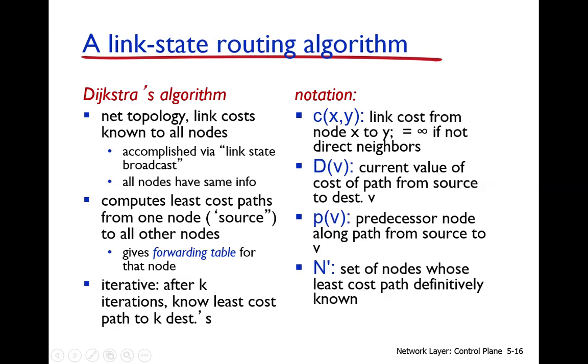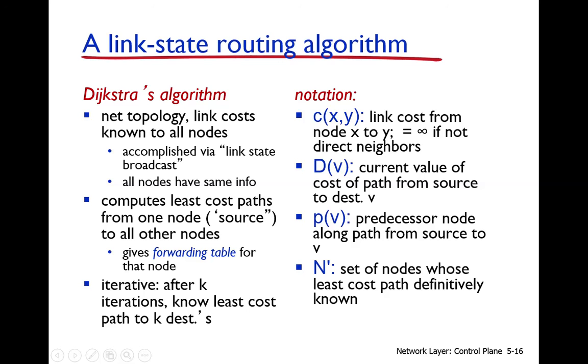So we have discussed the Dijkstra algorithm, that the network topology and link costs are known to all nodes. So how do the nodes come to know the link costs of all the nodes? This is accomplished by link state broadcast, where each node broadcasts its link state information to all the nodes.